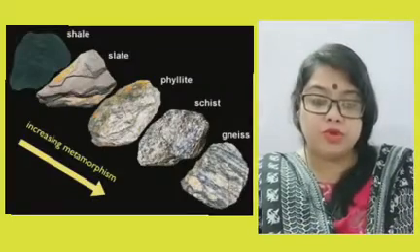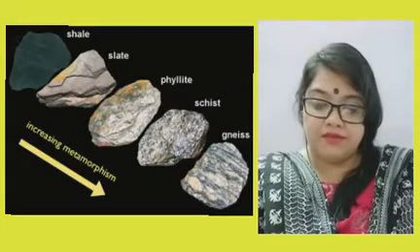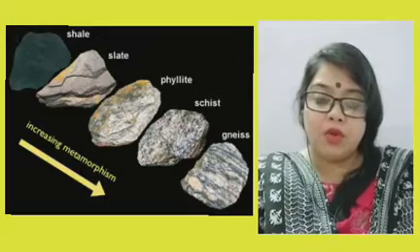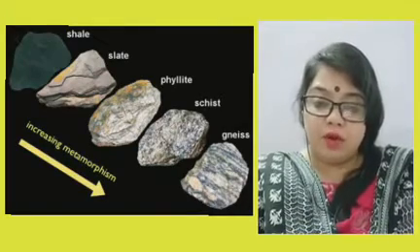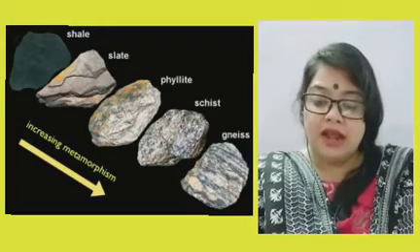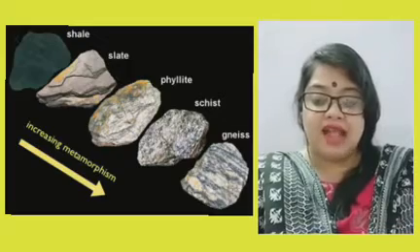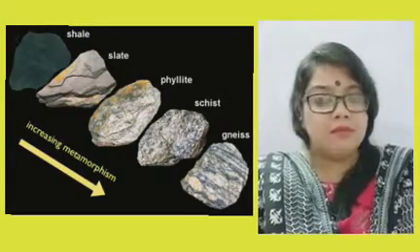Okay, so here is the never ending chain. Next, I have also shown you how a particular rock is transforming itself. As you can see, increasing metamorphism is happening over a period of time where shale is getting transformed into slate and subsequently to phyllite, then schist and then gneiss. Okay, gneiss is a complete metamorphic form.